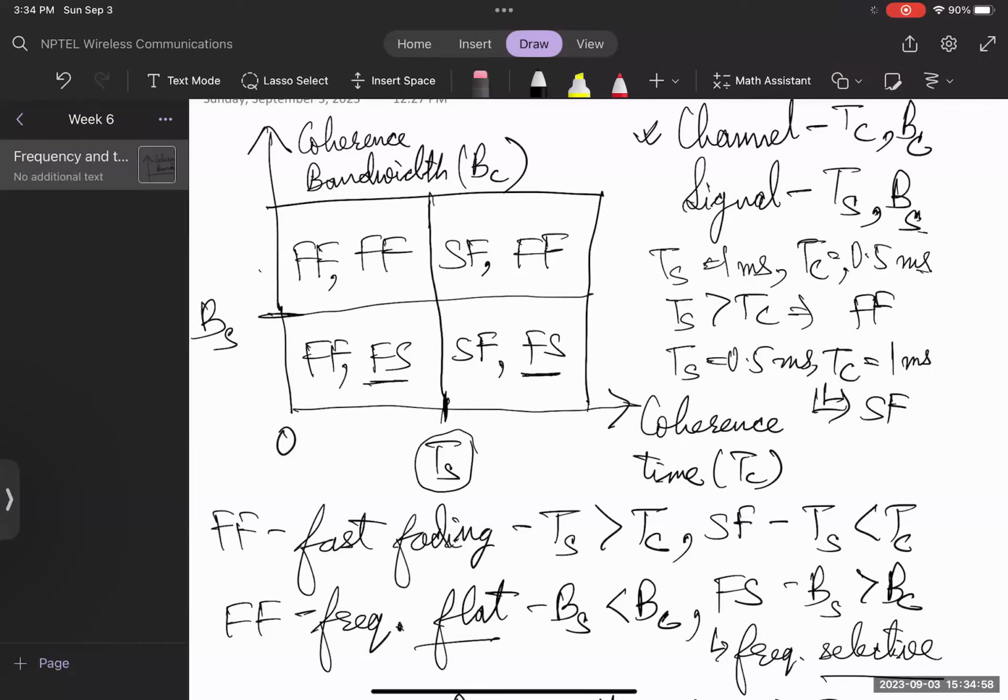If the coherence bandwidth is smaller than the signal bandwidth, then it will be frequency selective, irrespective of the time relation. In time you have to see whether it is fast fading or slow fading. That is a different thing. Okay. Sir, what is the exact meaning of coherence bandwidth and coherence time? These concepts are not clear.